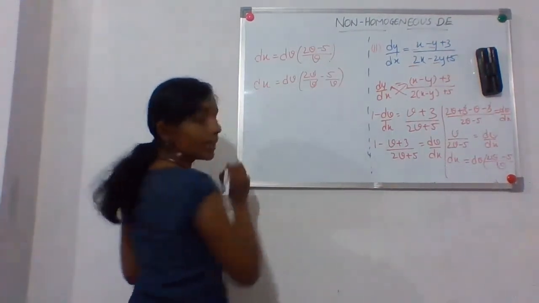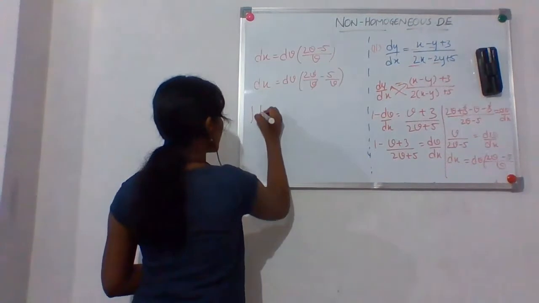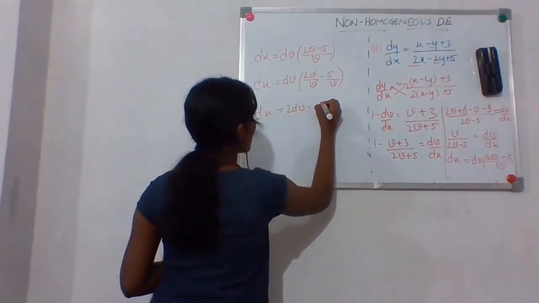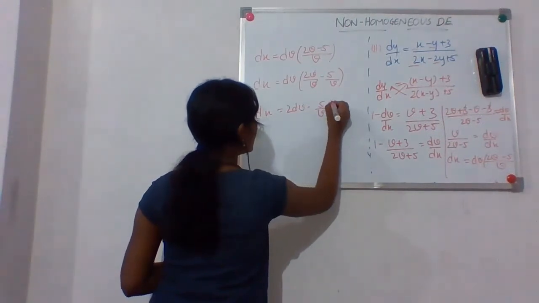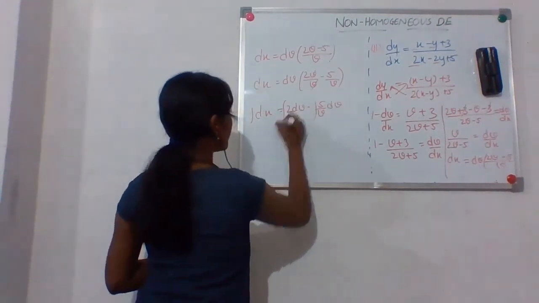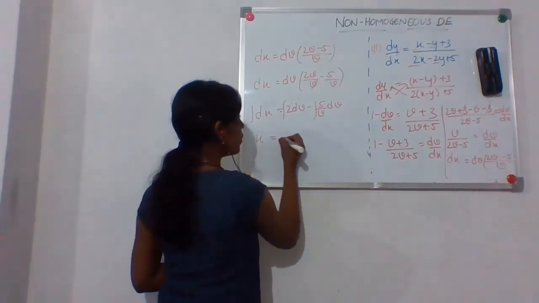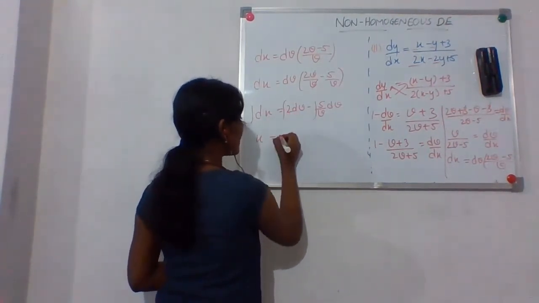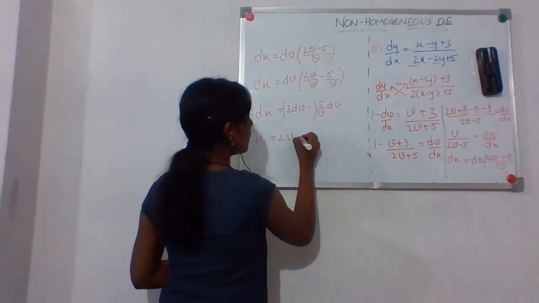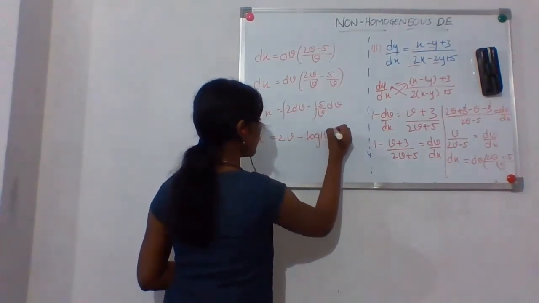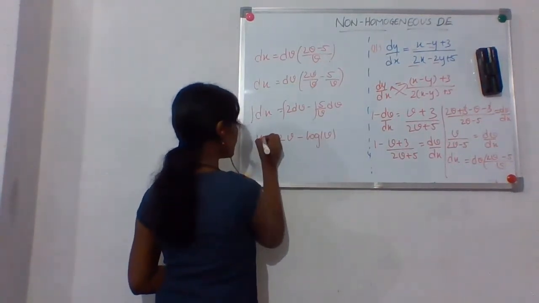So if you integrate it on both sides, integration of dx equals the integration of 2 dv plus 5 by v dv. Then what are you going to get? x is equals to 2v plus 5 log mod v, plus c, plus c.